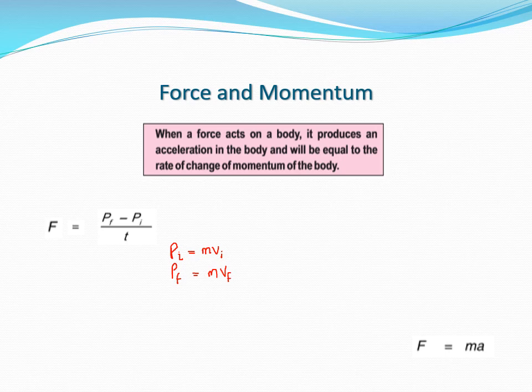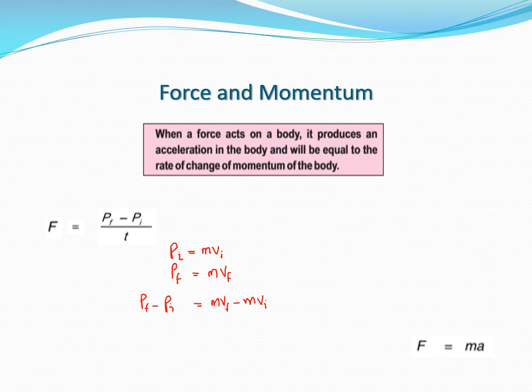So what's the change in momentum? We just make the subtraction: Pf minus Pi equals mvf minus mvi. And now what is the rate of change of momentum?